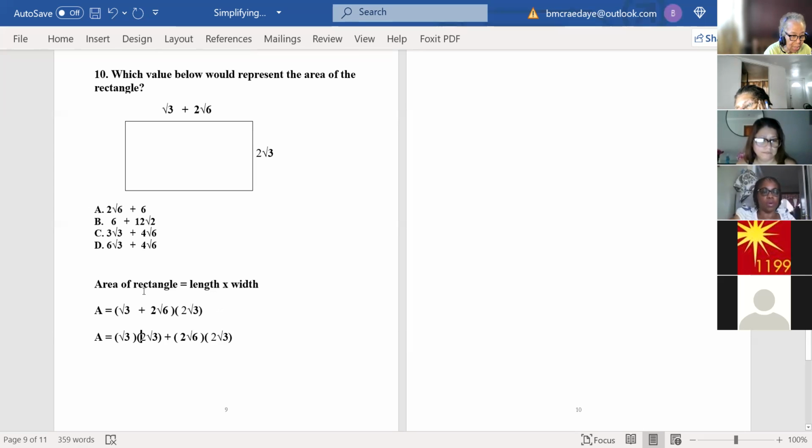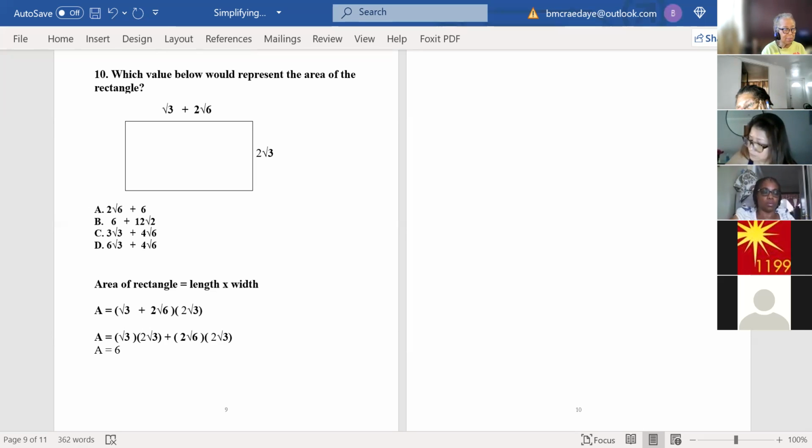A square root times a square root of itself is just the number, since 1/2 plus 1/2 is 1. So that's 3 times 2. So that first one, you'll get 6.